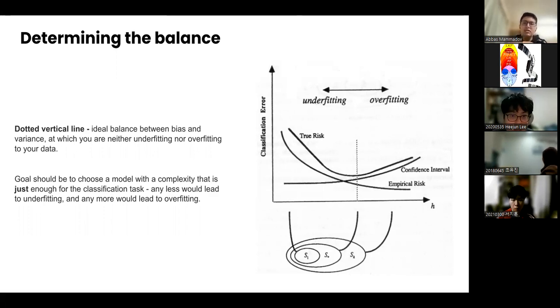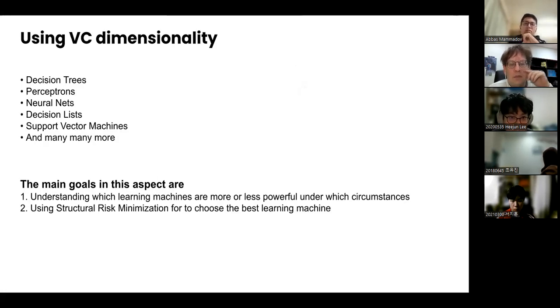So basically in machine learning, the VC dimension helps us determine the best balance between underfitting and overfitting.